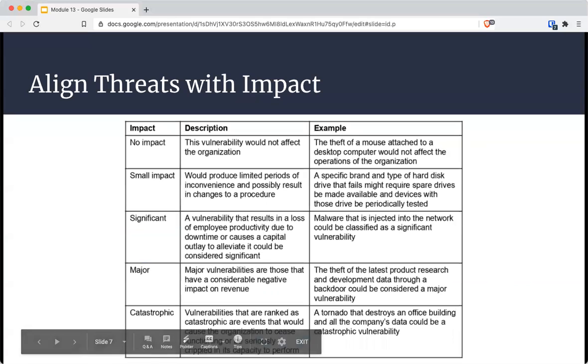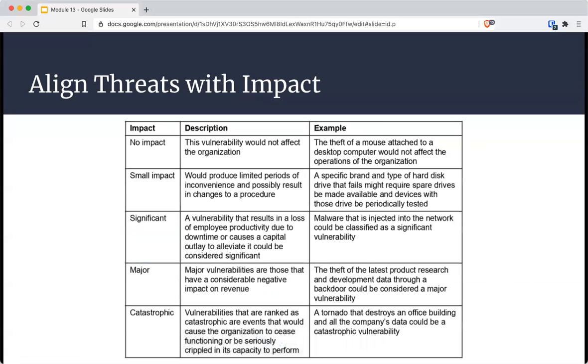Once we have those assets identified and their threats identified, then we need to align the threats to the impact to our enterprise. We have to say, well, how bad is it? What is the impact of the threat of a restricted account's password getting stolen?